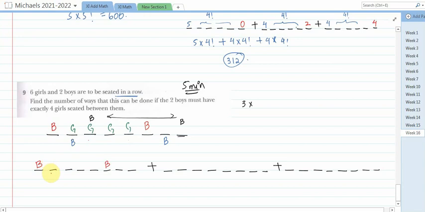Among those we have 4 girls and 2 girls, right? Now for this case, this is my first boy, this is my second boy. We have 4 girls exactly between them. And for the last one, we have this boy and we have this one, right? After that, you observe that these 4 girls can sit in any order, these 4 girls can sit in any order, and these 4 girls can sit in any order.